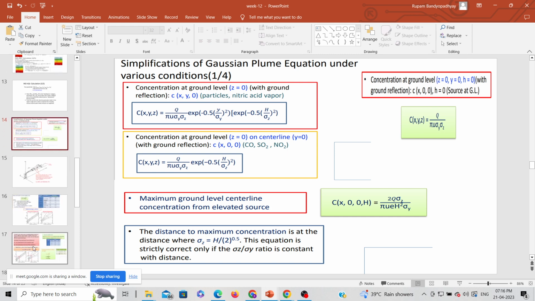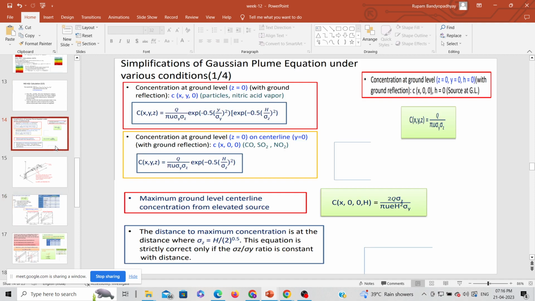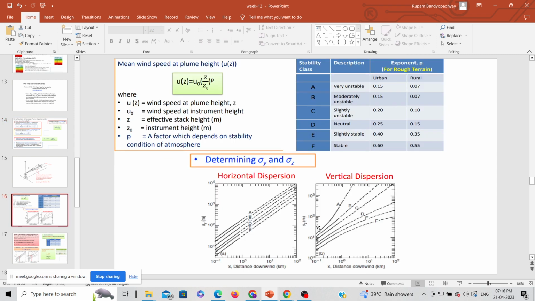Then, from the stability chart, the sigma z curves give the x distance. With respect to whatever stability condition A, B, C, D, E, F, using that curve and the sigma z value, you will get the x value.